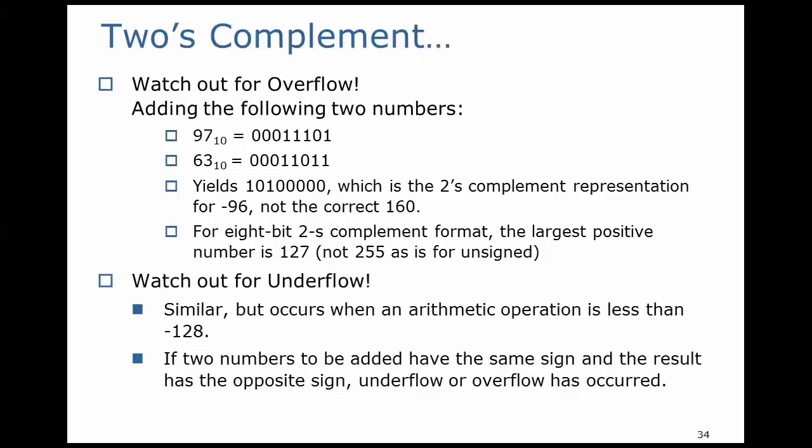Similarly, underflow will occur when the result of an arithmetic operation is less than minus 128. So the range of allowable 8-bit twos complement format numbers is from minus 128 to plus 127.